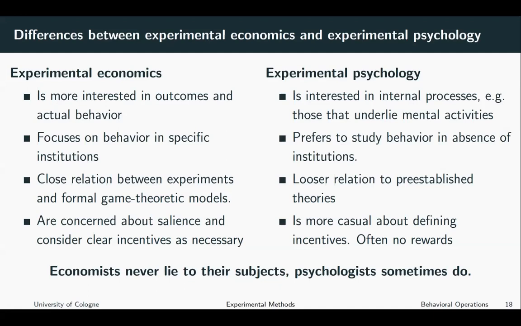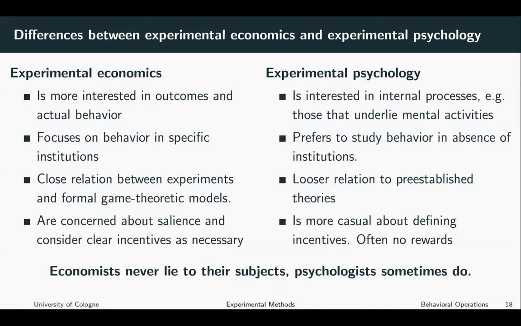Economists never lie to their subjects. On the other hand, psychologists sometimes or often do. The economists and OM people are convinced that the rules of the game must be clear for the participants. And these rules can only be visible and clear for the participants if the experimenters commit themselves to not lie to their subjects.